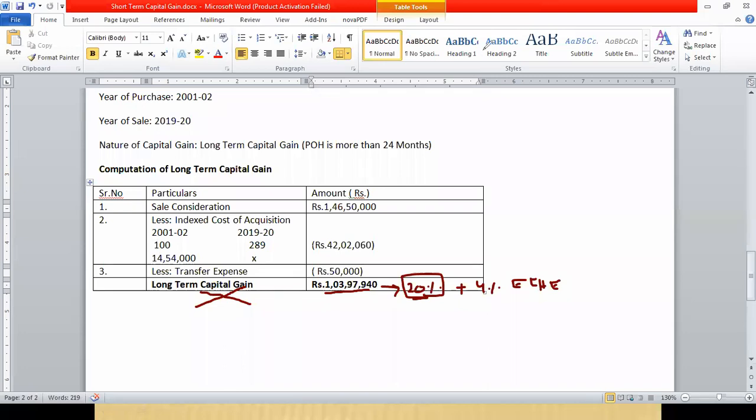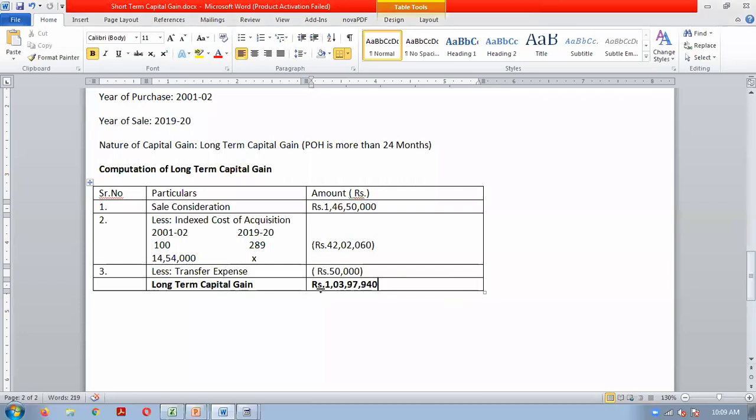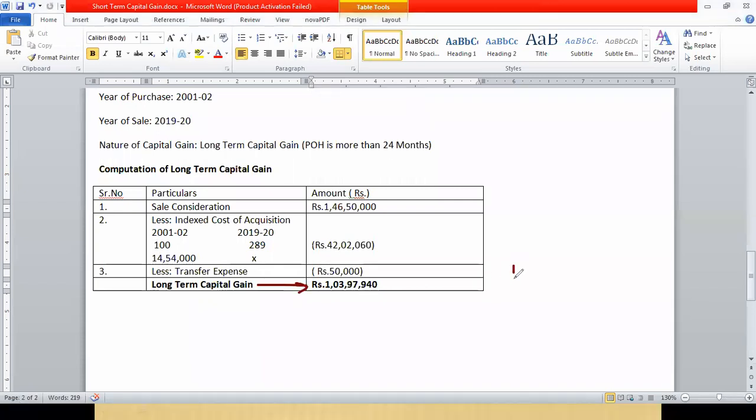Now, the Income Tax Act says that if you invest this amount in some investment or in another house, then you need not pay tax on this amount. So this capital gain we have calculated. Now there are various benefits given to the assessee, in which the assessee can invest this amount in different places.